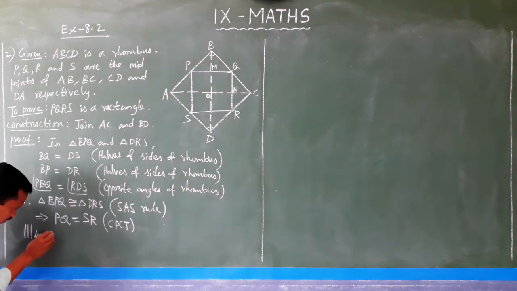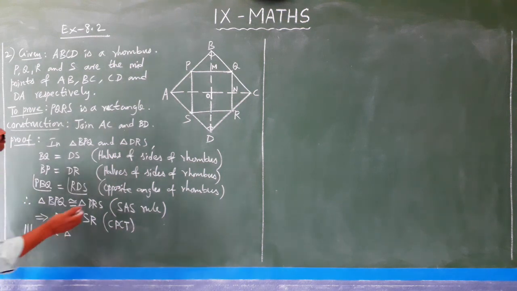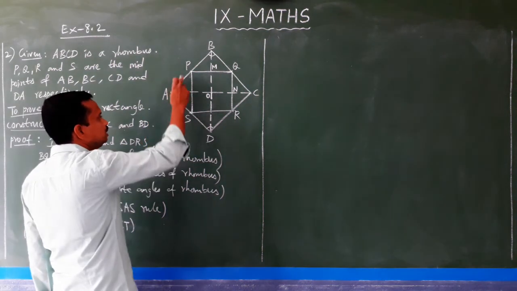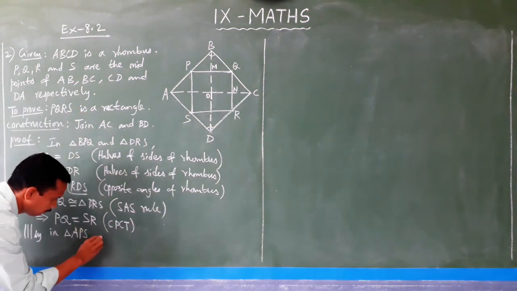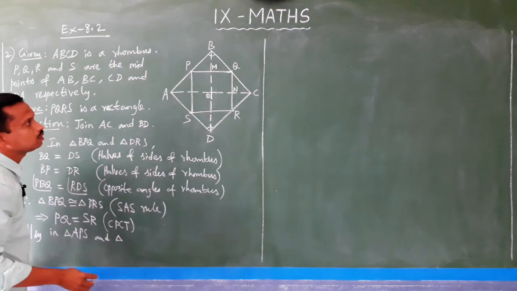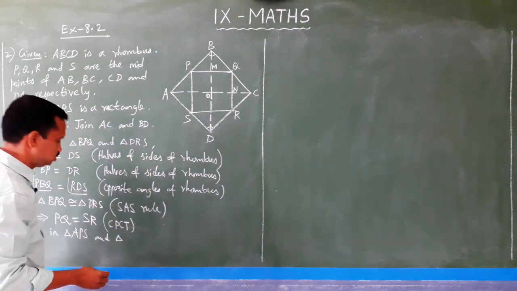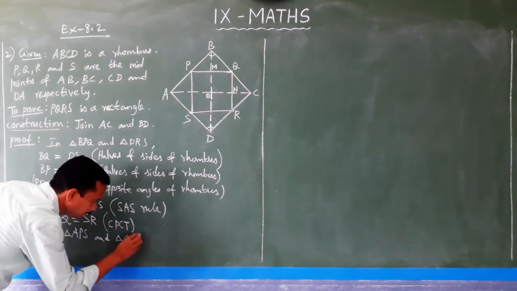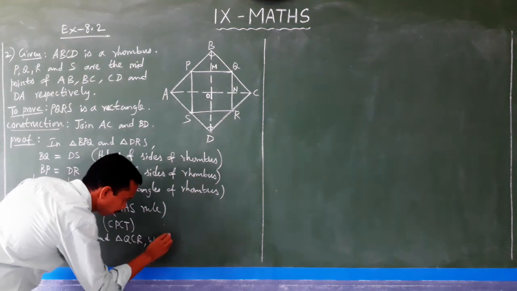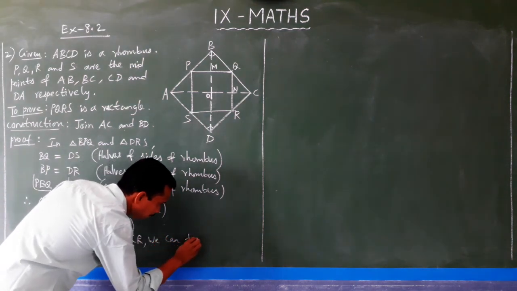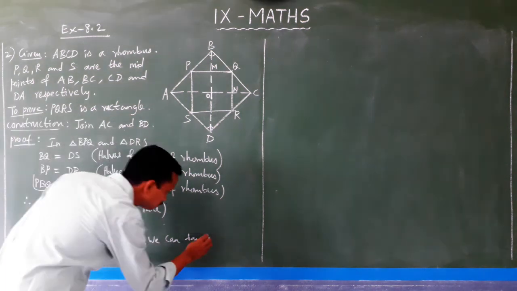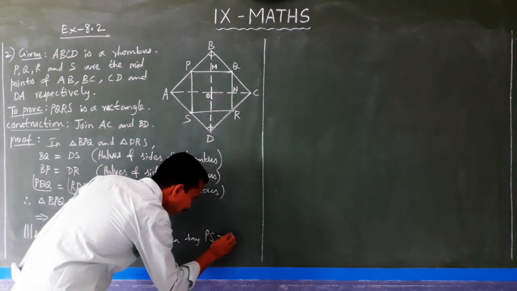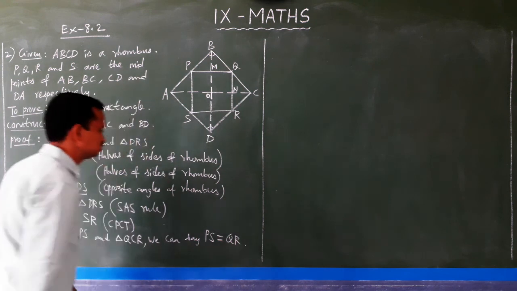Similarly, in triangle APS and triangle QCR, we can say PS equals QR.